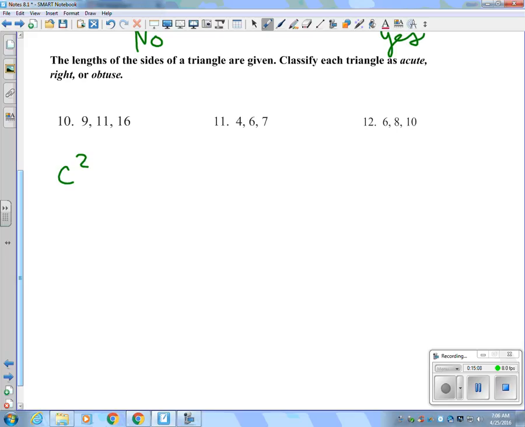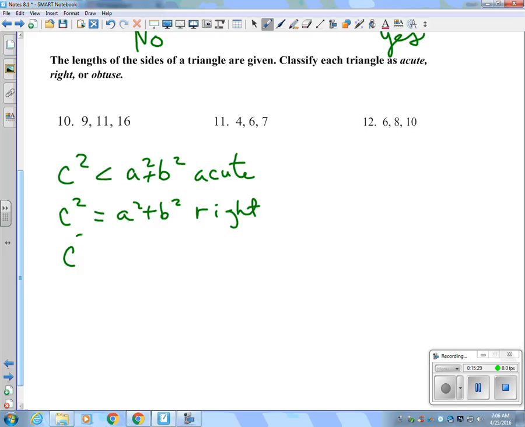We're going to look at it from the perspective of c squared is less than a squared plus b squared is acute. And c squared equals a squared plus b squared is a right. And then we're going to look at c squared is greater than a squared plus b squared is obtuse.